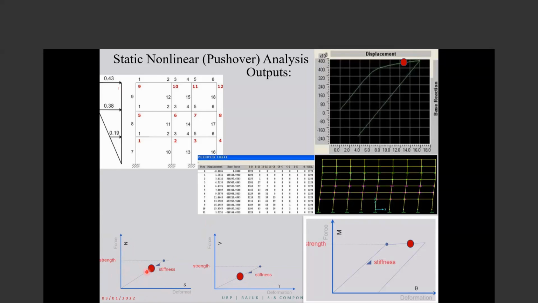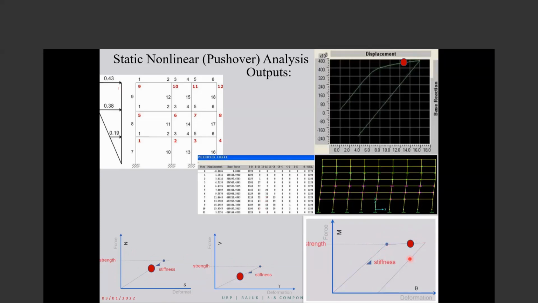So there is no new thing for the force control action, except that when we calculate the strength, in the formula we put the lower bound value for the material properties.